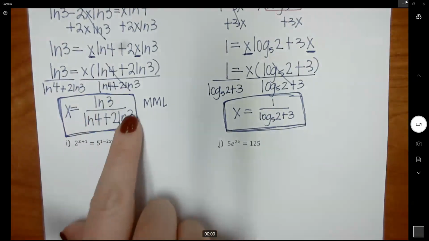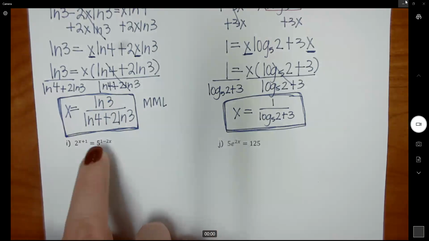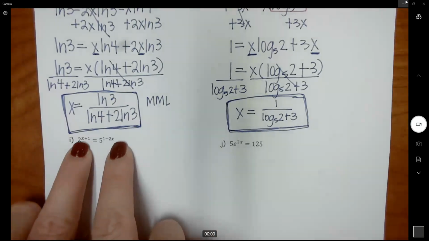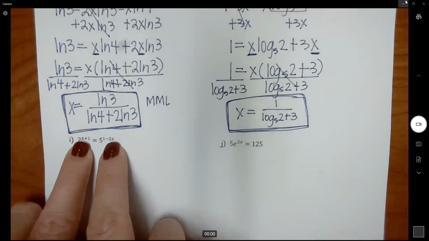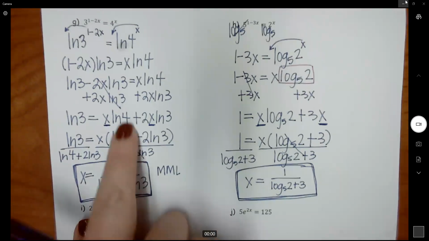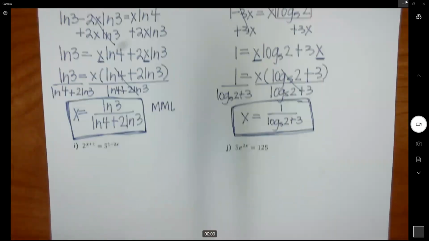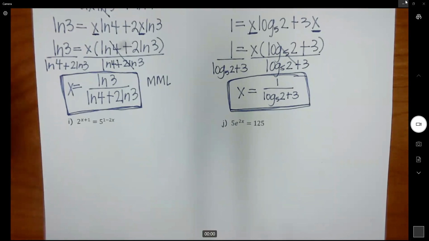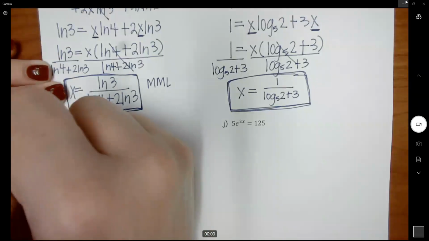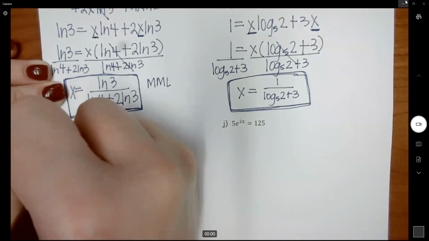The only time I like this natural log portion or method is when you have both of these exponents to a complicated exponent, meaning it's not just to the x power. So on I am actually going to use this method here. So that method, I'm going to take both sides here to the natural log.